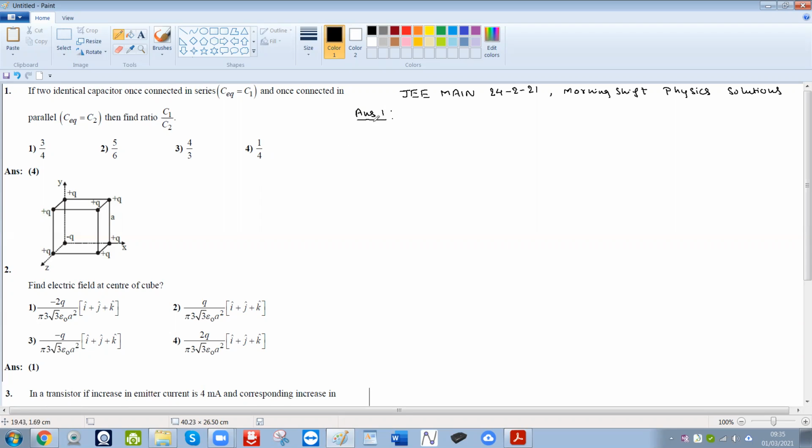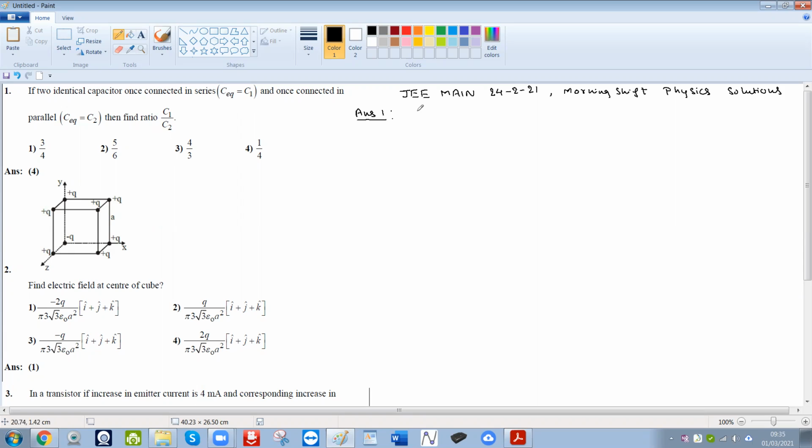So if we consider this first question, it says that two identical capacitors, first they are connected in series and then connected in parallel. We have to determine ratio of effective capacitance in the two cases.